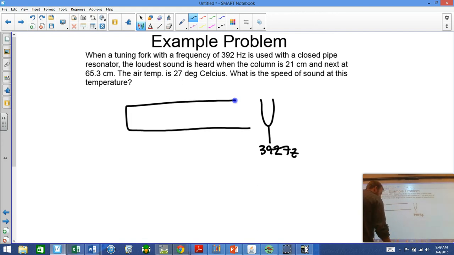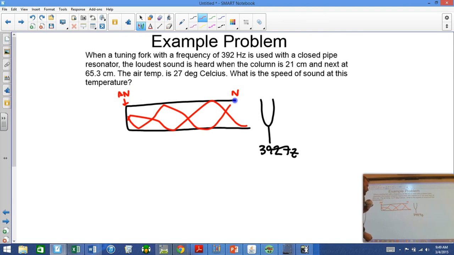So here I've got, who knows what's going on inside of here? All I know is that I have to have an antinode on this side, and I've got a node on that side. So who knows what's going on inside this tube? But this whole thing is 21 centimeters long.